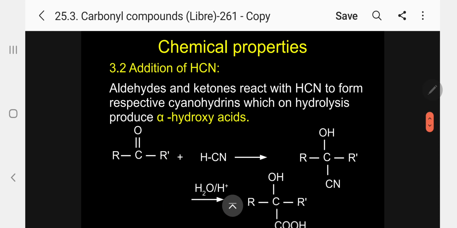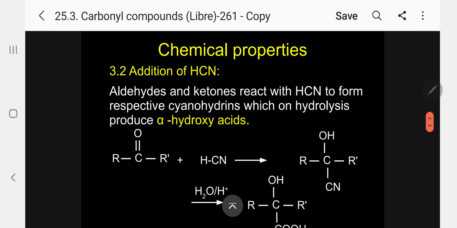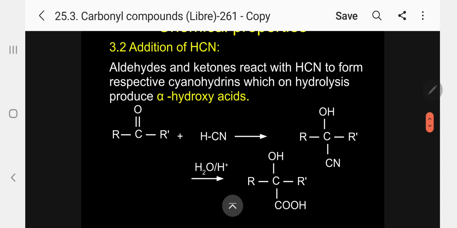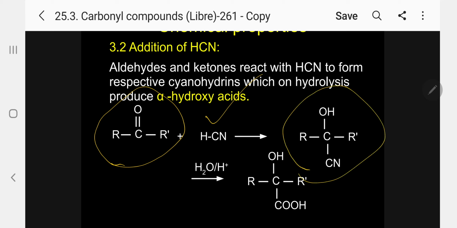The second, that is the third one, addition reactions of HCN. Let me give the general formula. Aldehyde and ketone undergo addition reaction with HCN to form the corresponding cyanohydrin, which on hydrolysis gives alpha hydroxy acid. Kindly follow.